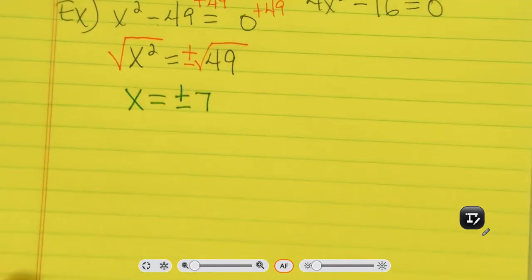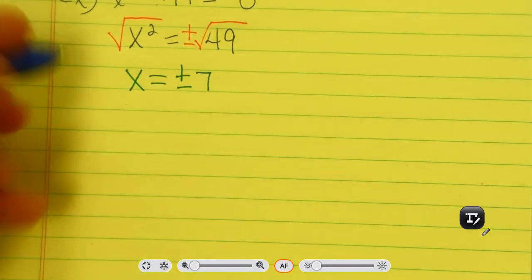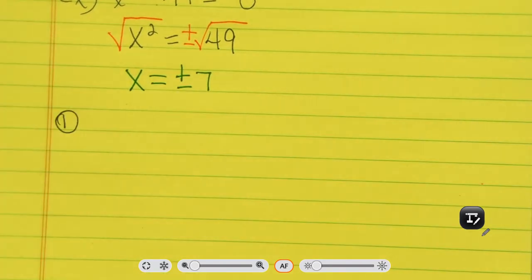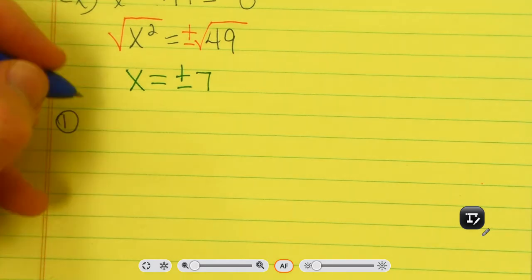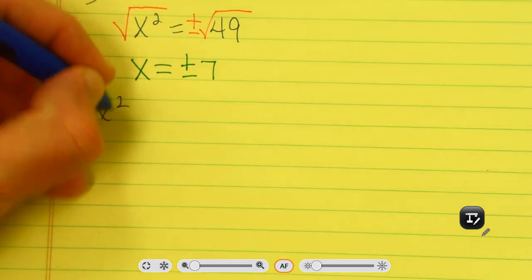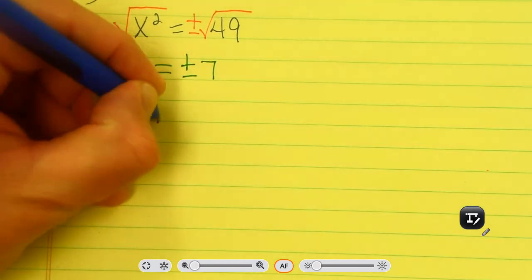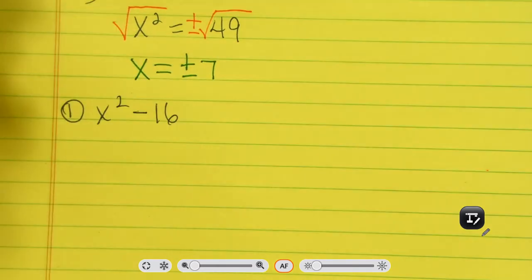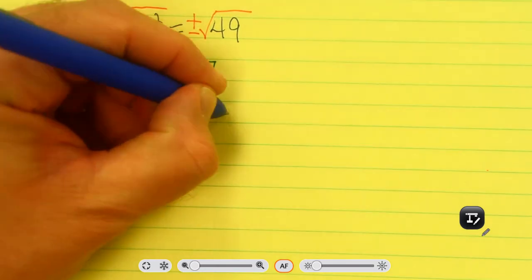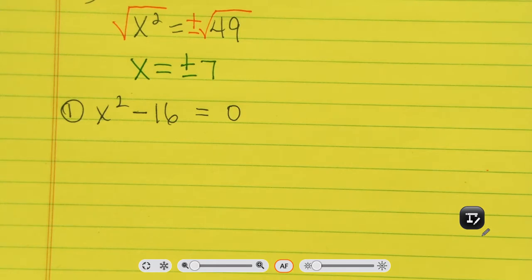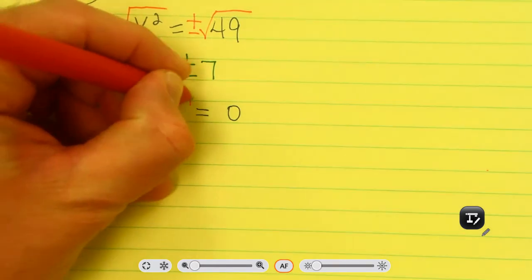Number 1 here is x squared minus 16 equals 0. What's my first step? Yep. Add 16 to both sides. Perfect.